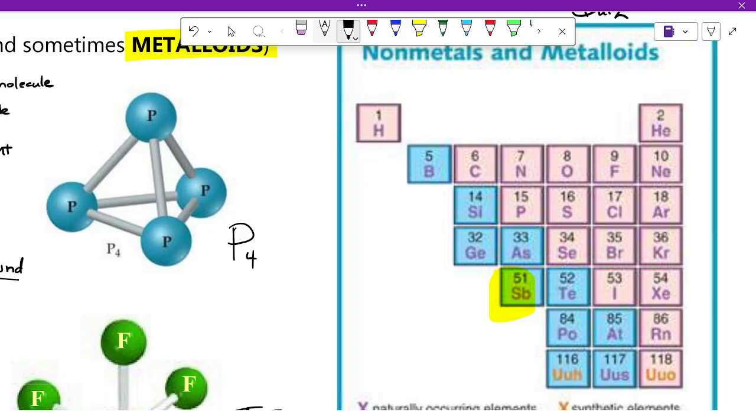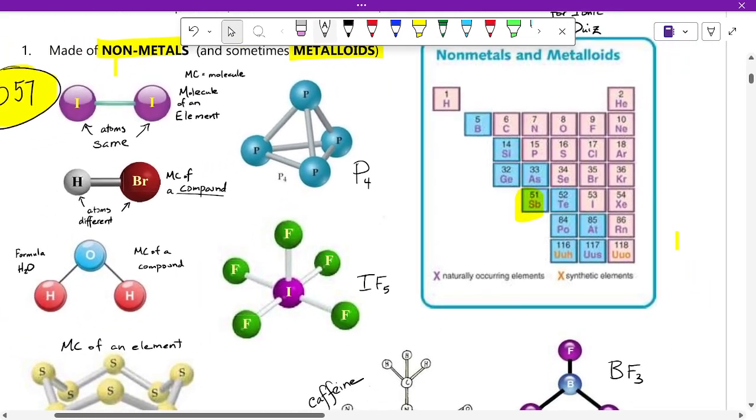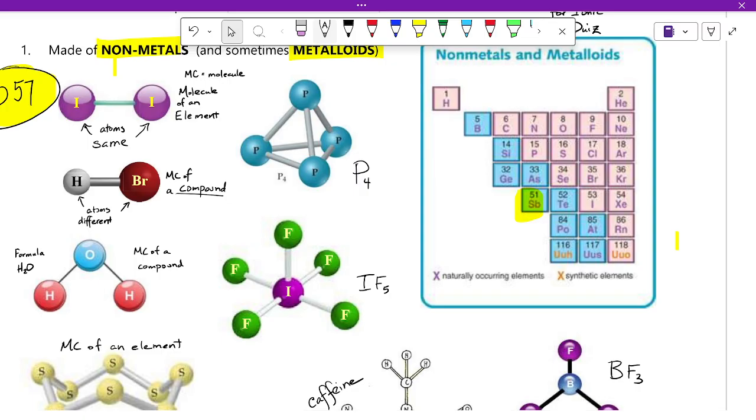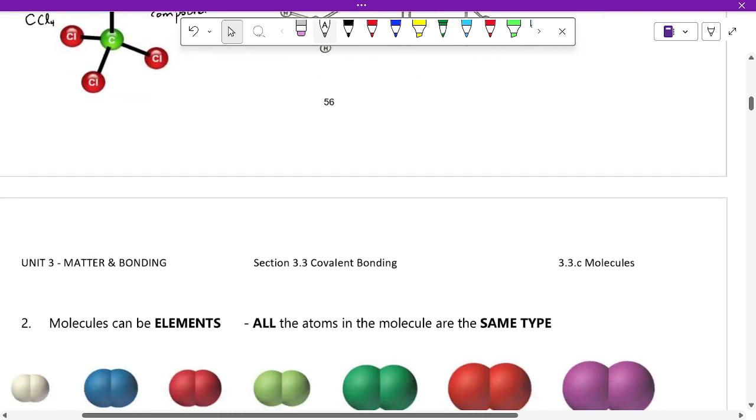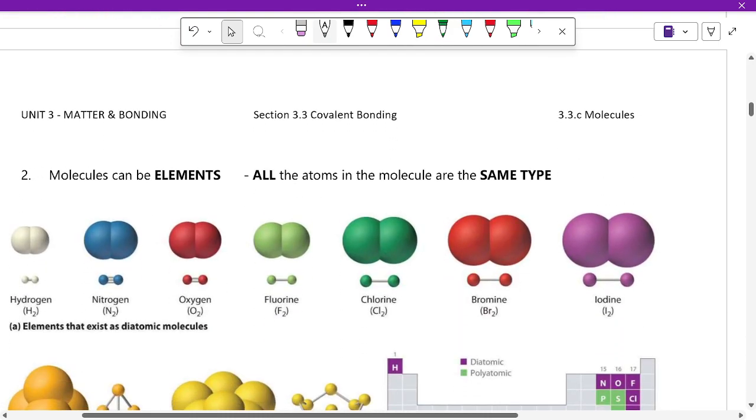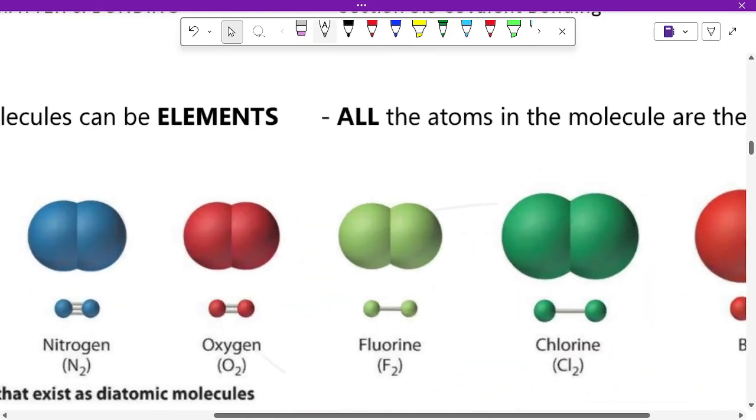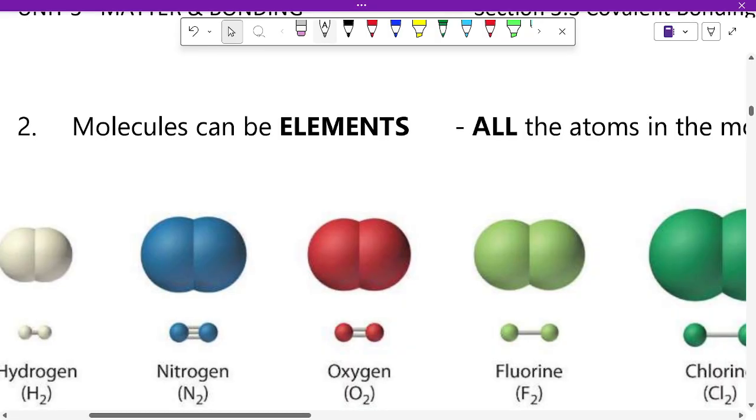So those are our molecules, all made of nonmetals or sometimes metalloids. You should be able to tell whether you have a molecule of a compound or a molecule of an element. Which goes to the point, molecules can be elements. So not all molecules are compounds.